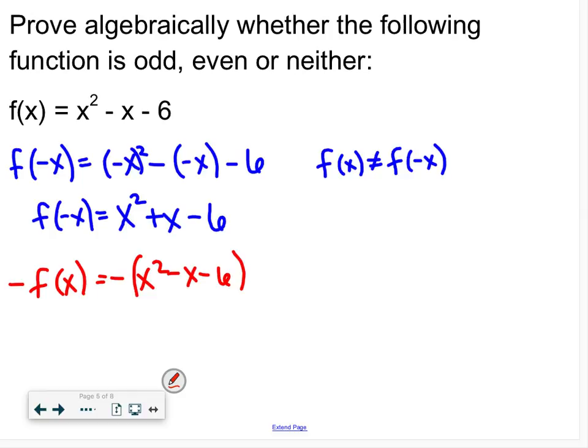We're negating the entire function, negative f of x. So when we carry that through, negative f of x would be negative x squared plus x plus 6. Are f of negative x and negative f of x the same?